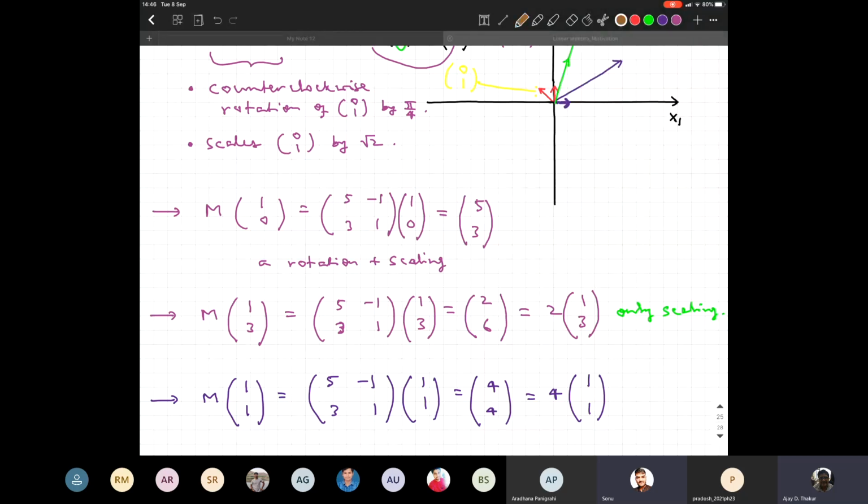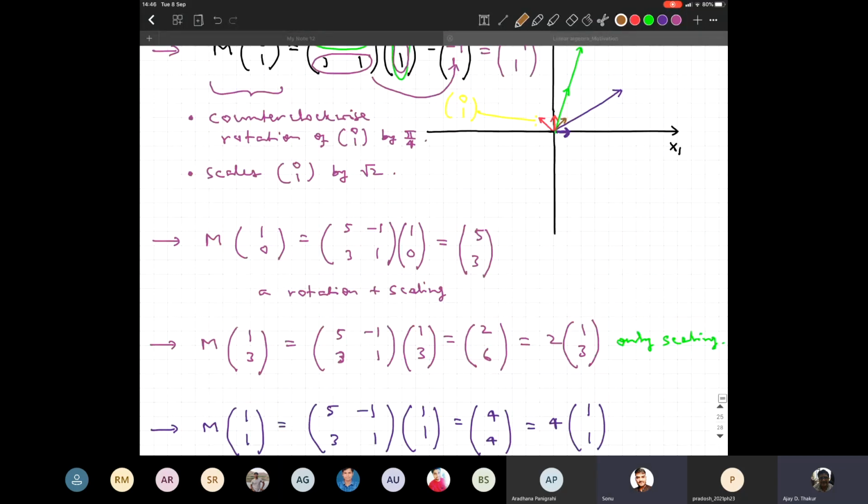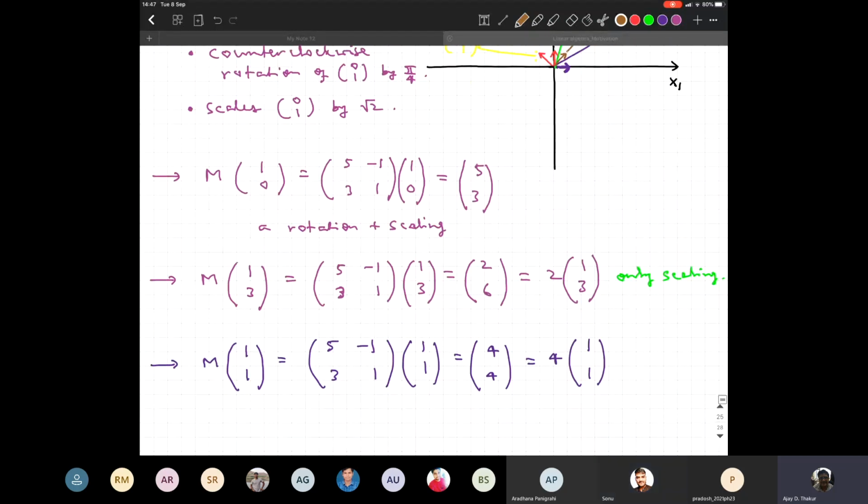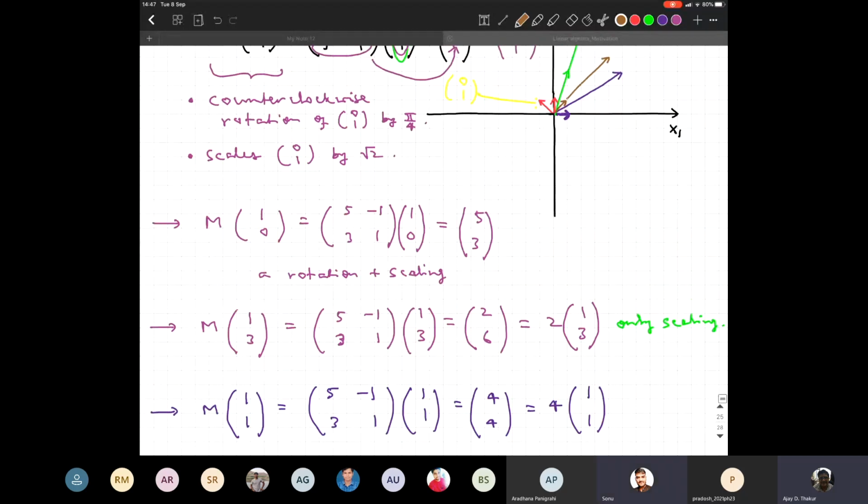So if we have this vector which was 1, 1 to begin with, now what is happening is it is simply scaling by a factor, 4, 4. So these two vectors are unique. These two are special. They only scale when the matrix is operating on these vectors.